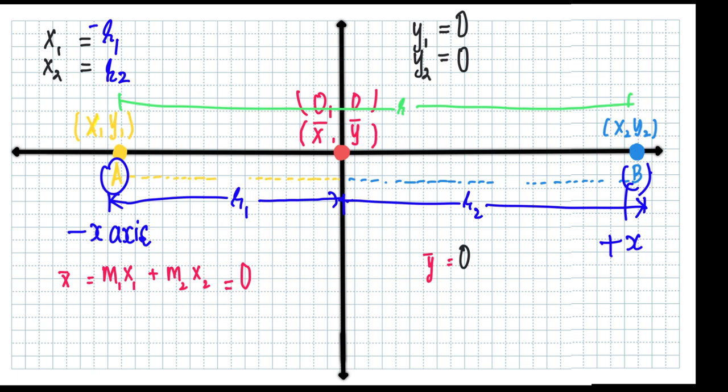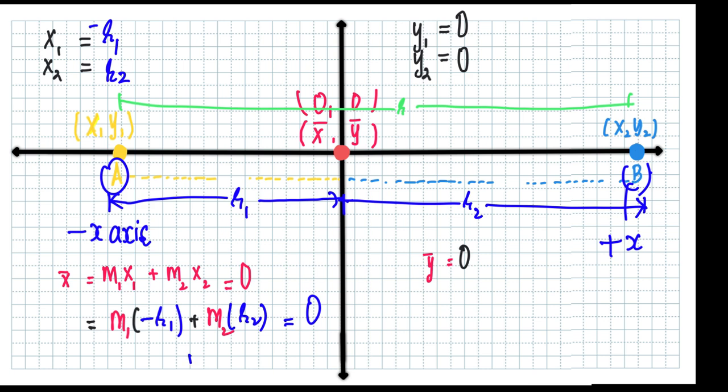So if we rewrite this equation, what we get is m1 into, what is x1? x1 is minus r1, plus we have m2 into, what is x2? x2 is plus r2, and what is this equal to? Equal to 0.